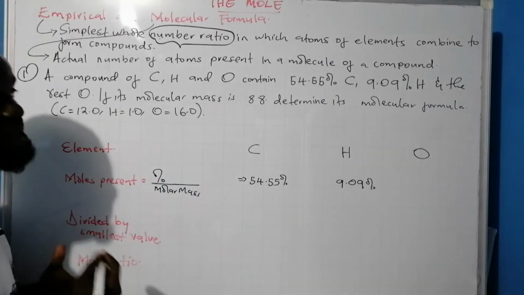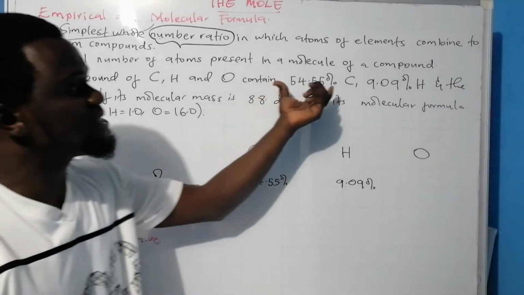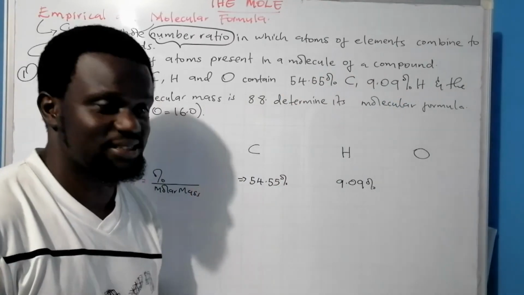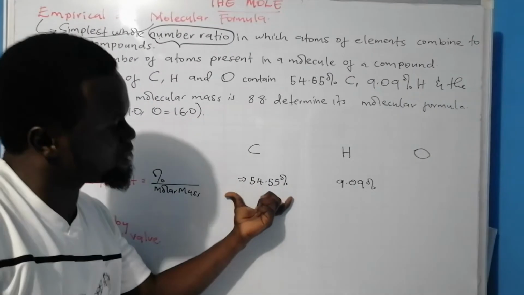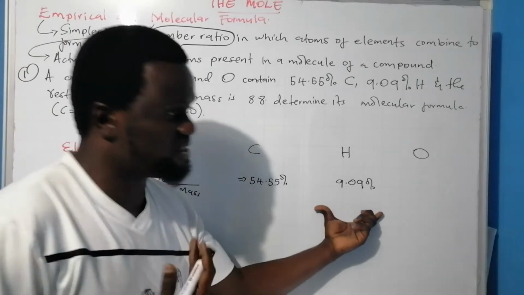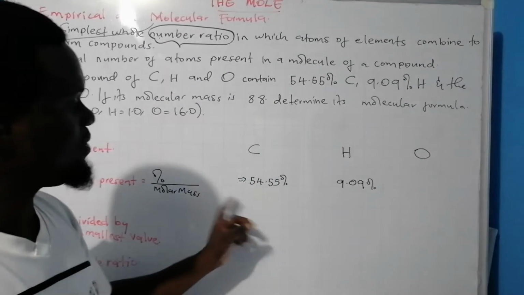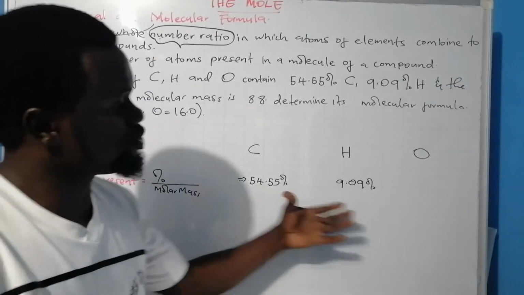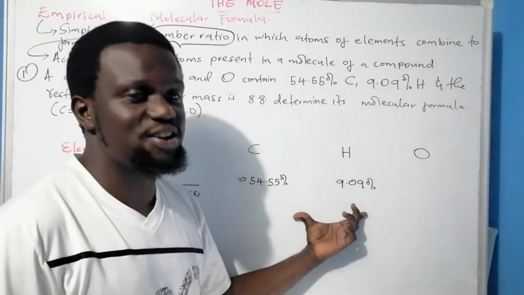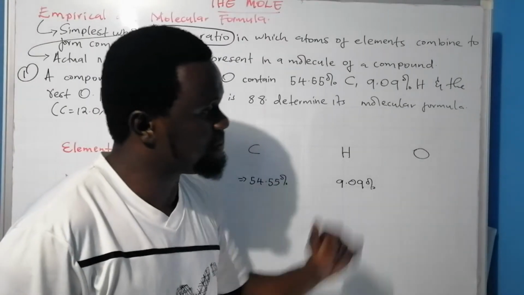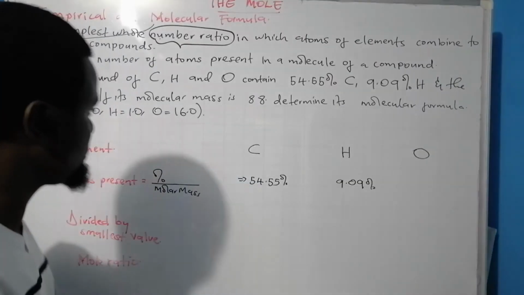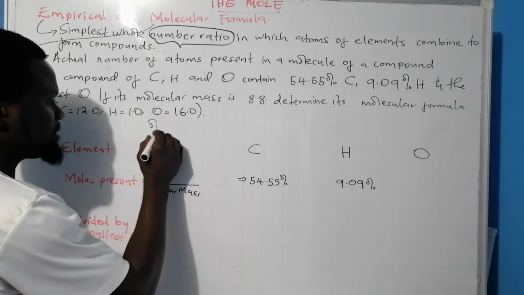Now, at some point, these percentages can be given in masses, whereby we are told that the mass of carbon is this, mass of hydrogen is this, mass of oxygen is the other one. Now, in case you're given in terms of percentage, the total percent is 100. Therefore, can I get the percentage of oxygen? Yes, it is very simple. How do I get percentage of oxygen?